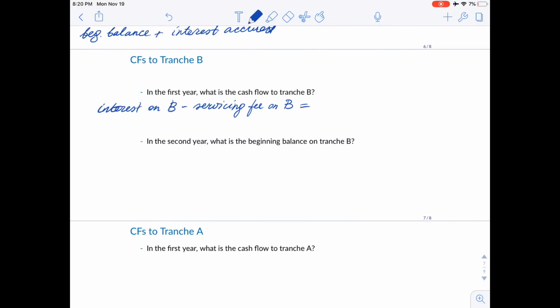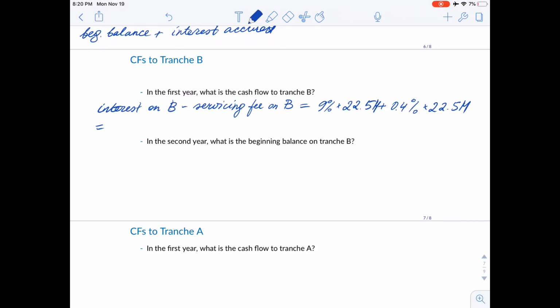So the interest is going to be 9% times 22.5, and the servicing fee is 0.4% times 22.5 million.